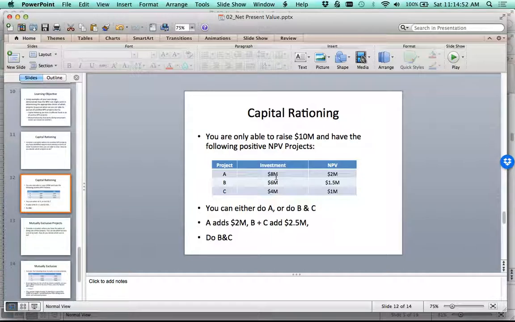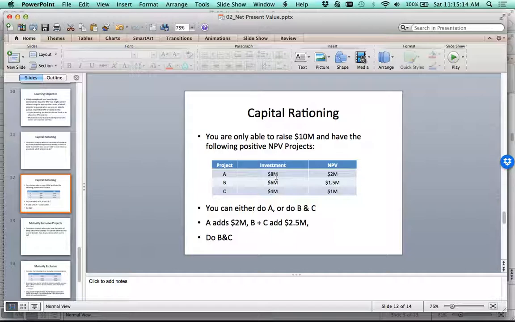And so if you can raise $10 million and put all of that to work, you should do that, if that's going to generate more actual dollars than if you were to only raise 8 million, even though you could have gotten 10, and put just the 8 million to work.